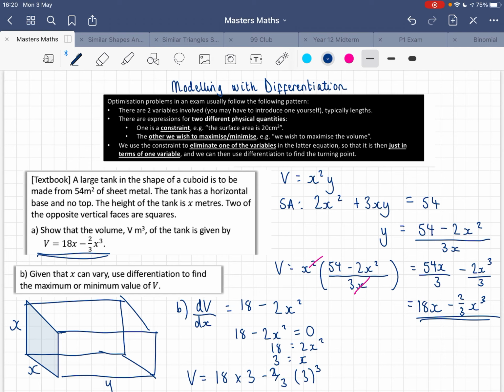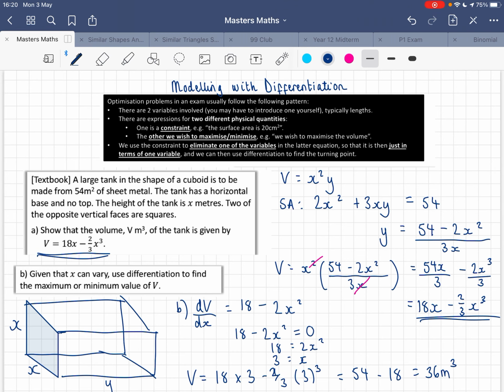Just bear with me. So 18 times 3 is 54. I knew that. 3 cubed is 27. And then 2/3 of 27 is 18. So 54 minus 18 is 36. And that is the volume, so meters cubed.